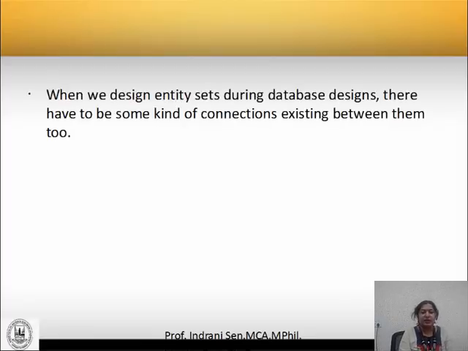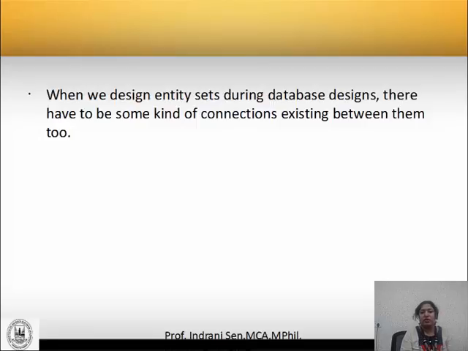The relationships in the entity relationship diagram are like normal relationships which exist in the world. Like we can talk about a student-teacher relationship, an owner and pet relationship, project and employee relationships, and so on. To design the database, we need to have some kind of connections existing between them.